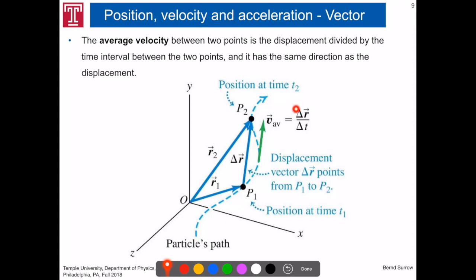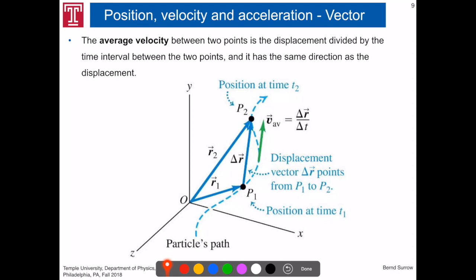And now let this time interval go to very, very small values. You see here in the blue dashed line the actual trajectory. You consider point P1 here, and then P2 here, and now let this time interval go smaller and smaller until delta t goes to 0. Then delta r is pointing in which direction? In the tangential direction locally to this particular path of the object.